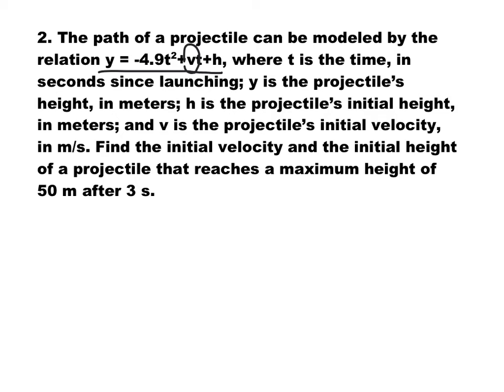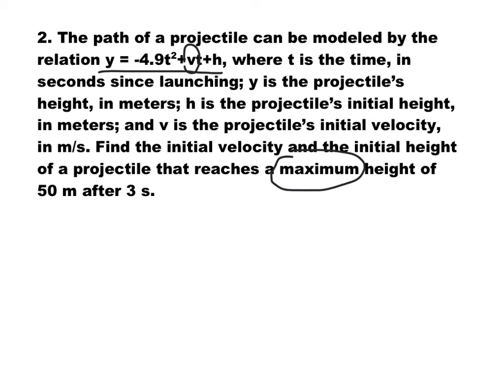The thing that we know is that the maximum height is 50 meters, and it reaches that height at 3 seconds. As soon as you see the keyword maximum or minimum in a quadratic problem like this, we know that these points represent the vertex, because it's a maximum.